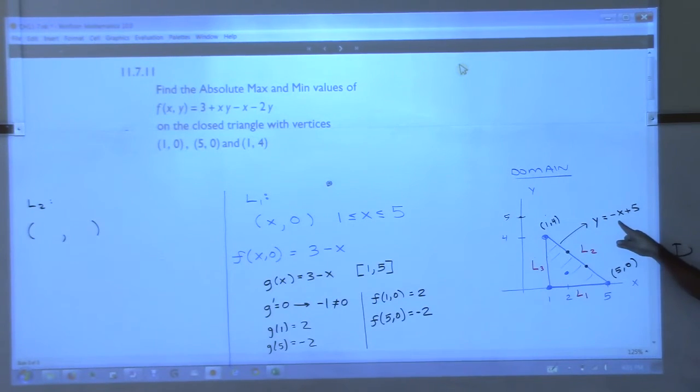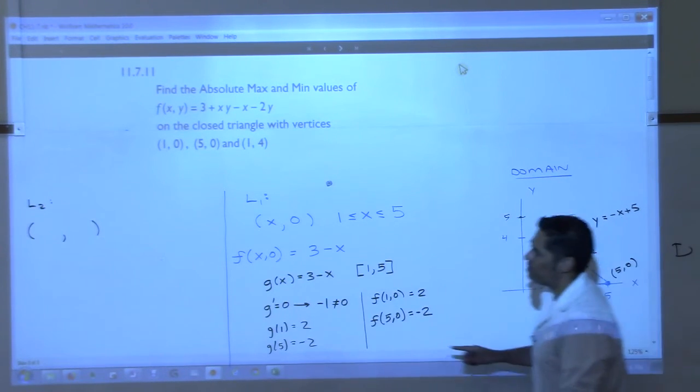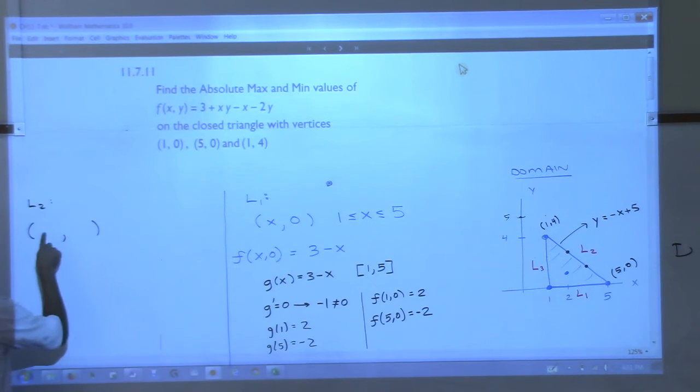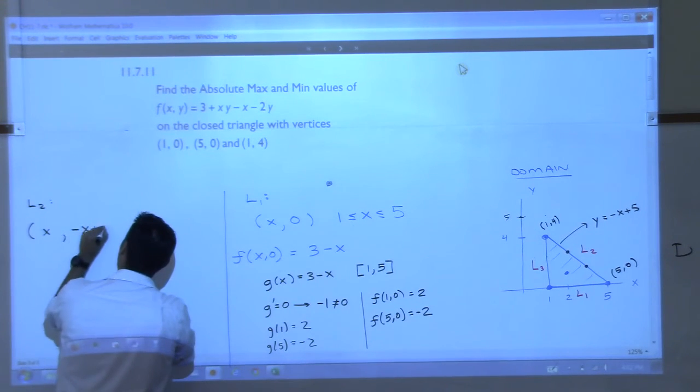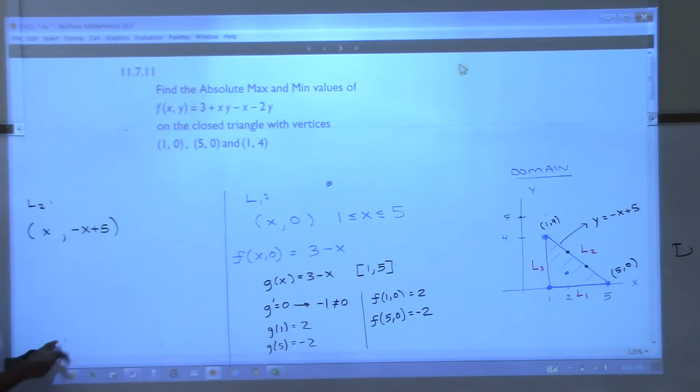So if that's the equation of that line, then what do all the points on that line have to look like? The x-coordinate is just x, right? And the y-coordinate is negative x plus 5, right? This is your x-coordinate. That's your input. Your output is always the negative of that plus 5.